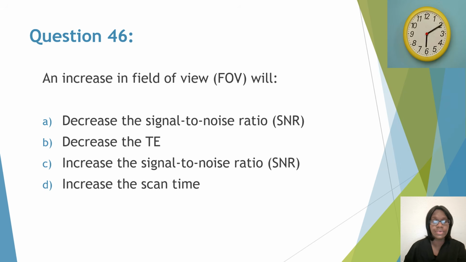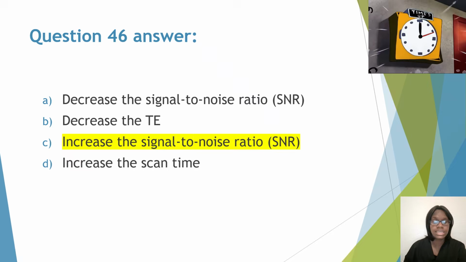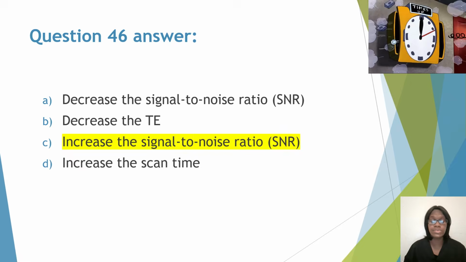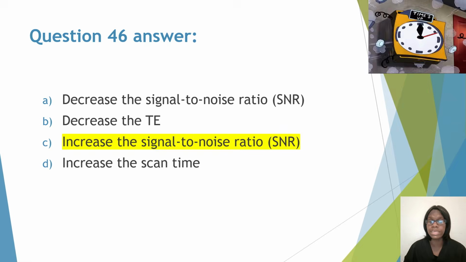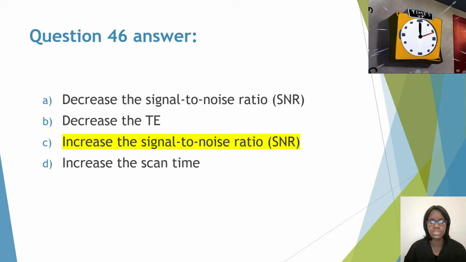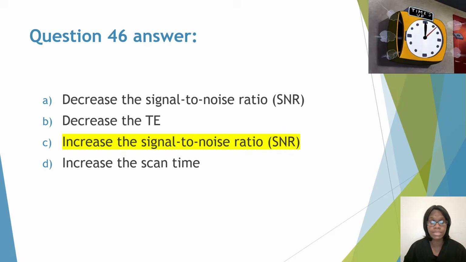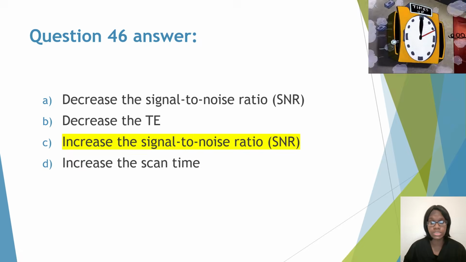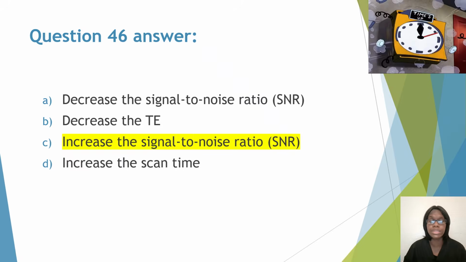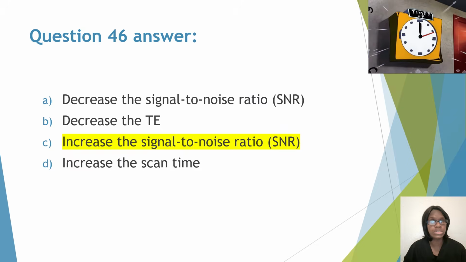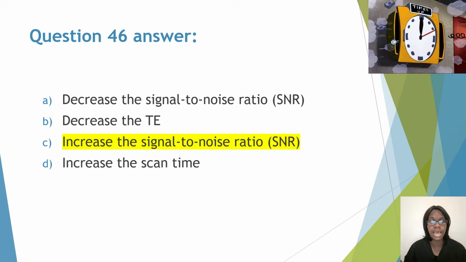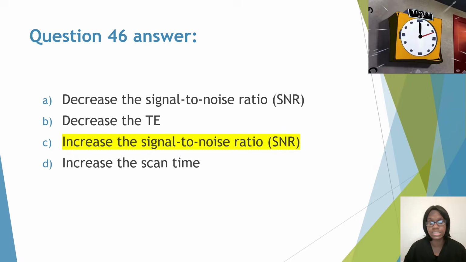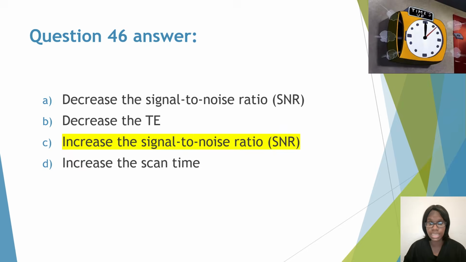All right, the correct answer is C, increase the signal to noise ratio. The easiest way I remember, because these last few questions I just went over are parameters, and that's very important to know. What helped me remember it the best was, of course, just rereading it, but secondly, actually seeing it adjust and how it was changing and affecting each other on the actual scanner.